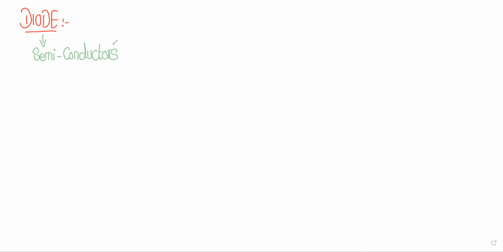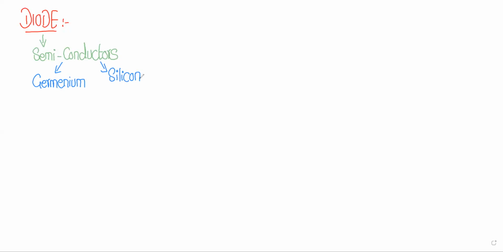By adding some impurities or some other elements, just like silicon and germanium, which are semiconductors, we can use them as a conductor. So basically, these are the materials which we use in diodes.